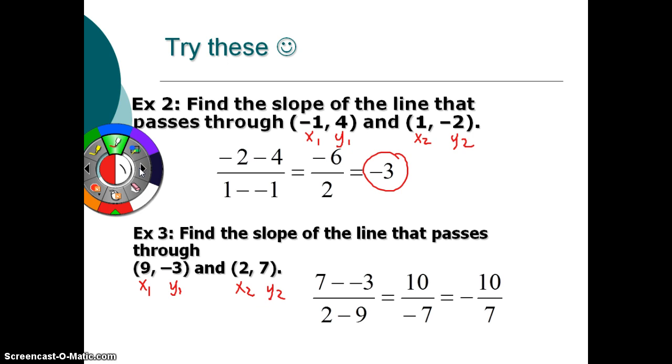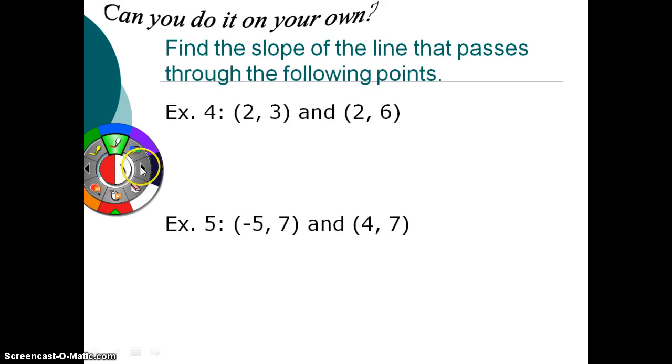That's going to give us 10 over negative 7, which you can write as negative 10/7. Remember, when you have that double negative, it makes the whole thing positive. Go ahead and try these two on your own. I will put up the answers in just a second.